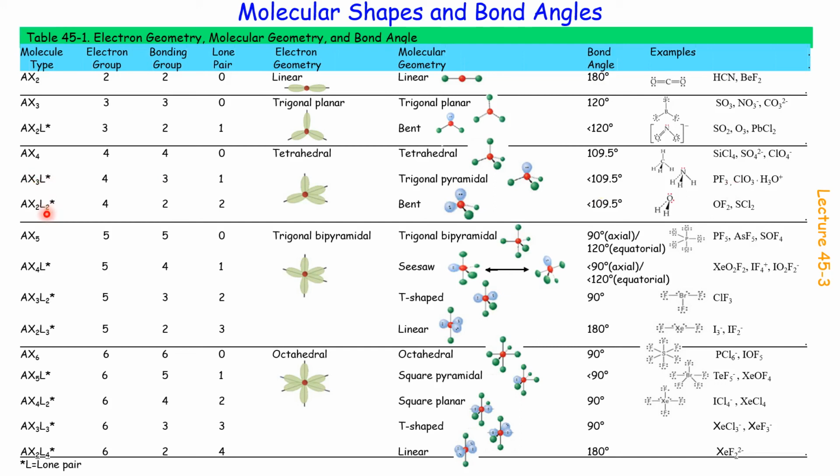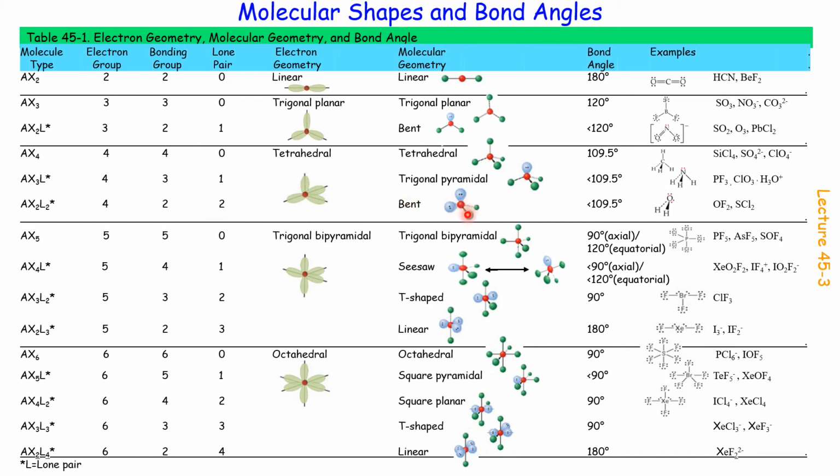The last one in this category is molecules with 2 surrounding atoms and 2 lone pairs. The total number of electron groups is still 4, but 2 bonding groups, 2 lone pairs. Electron geometry stays the same, tetrahedral.